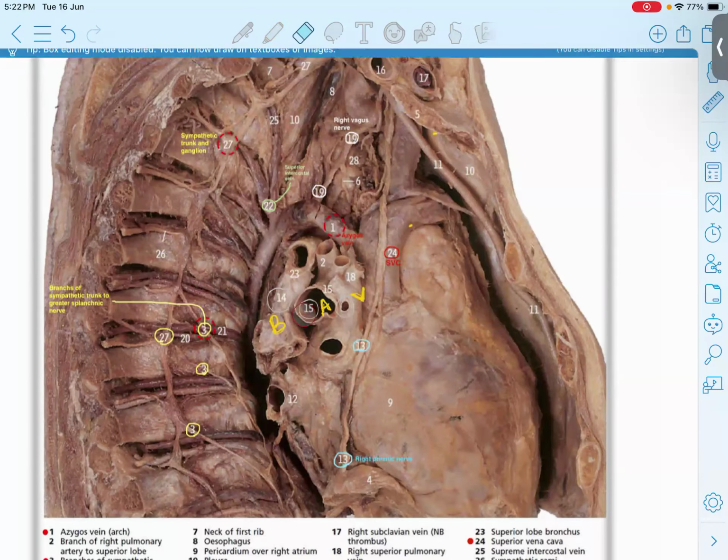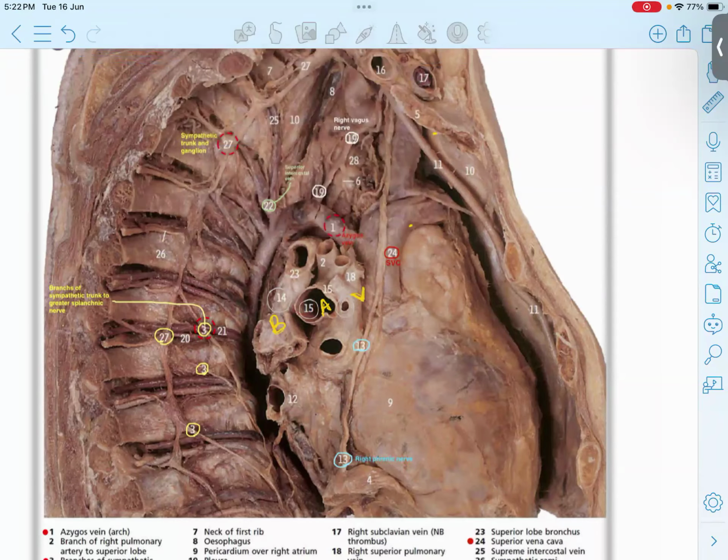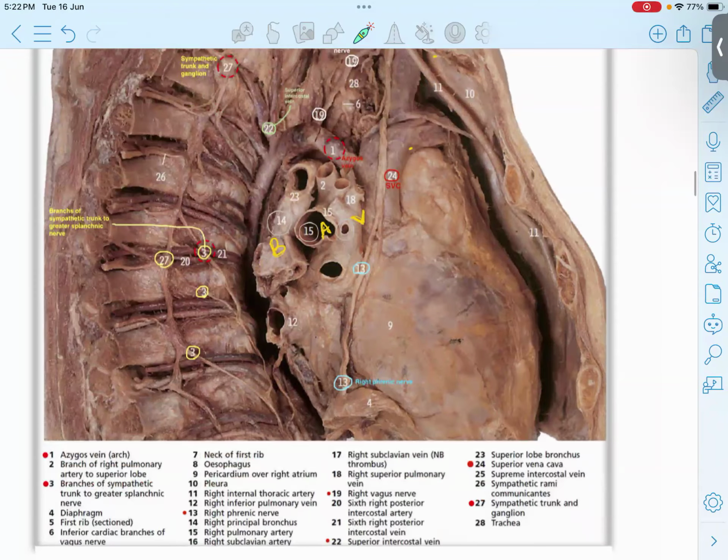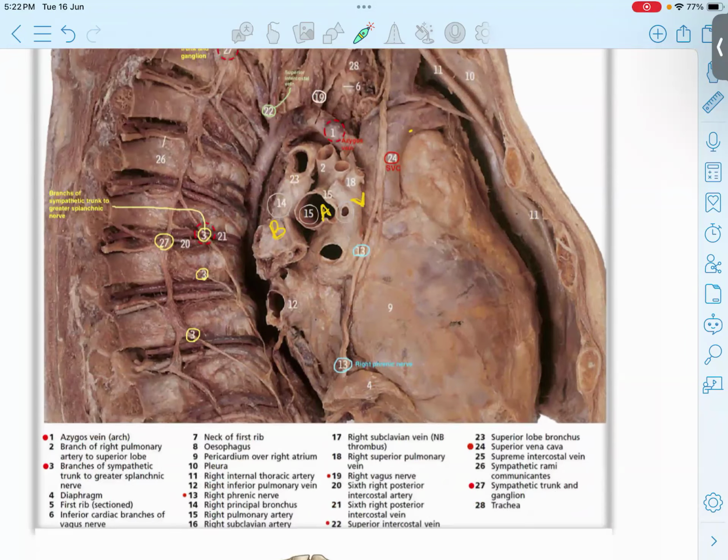So here, what will be 2? I have told you already the tips. You will get artery superiorly or at middle. You will get vein anteriorly, and you will get bronchus posteriorly.